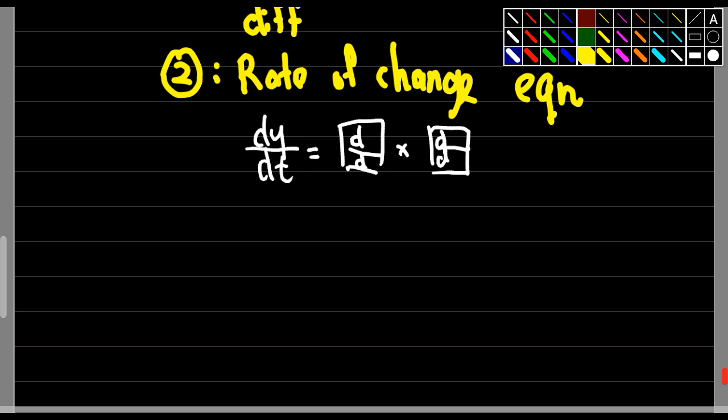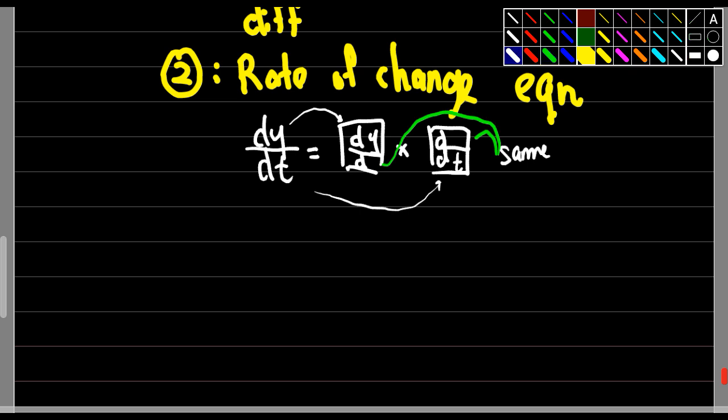What do I put inside? Here I will put y because I want it to be copied, and then the below one I want to put my t. What is in between must be the same for this one and for this one.